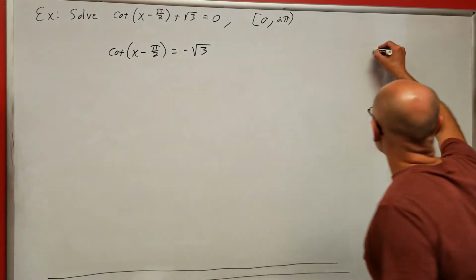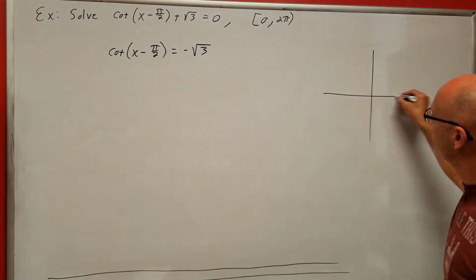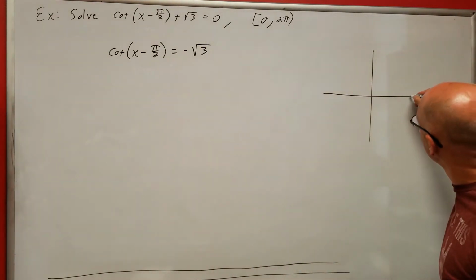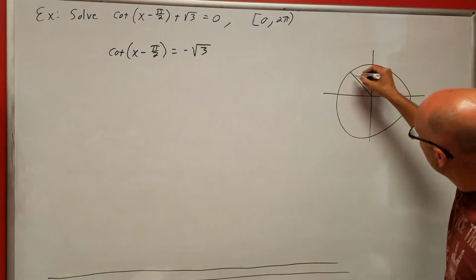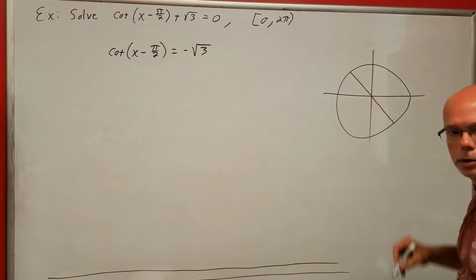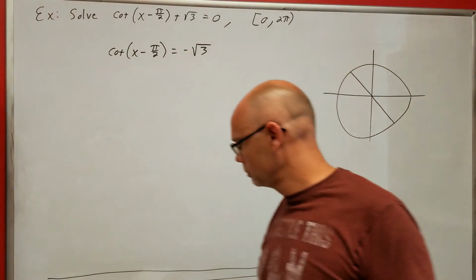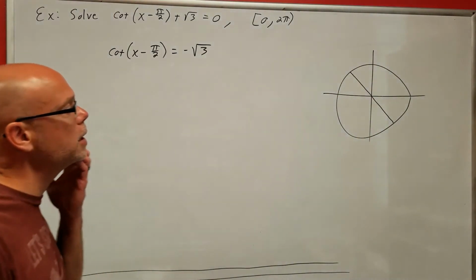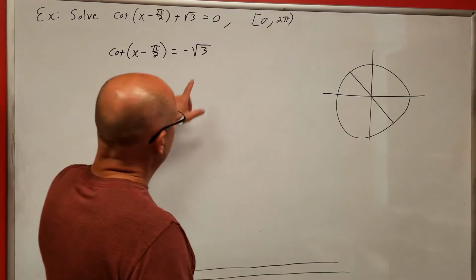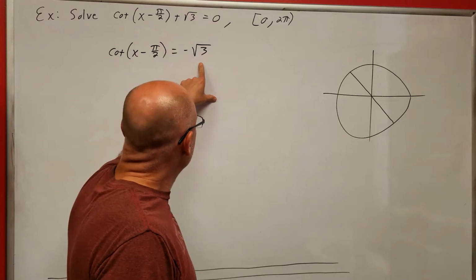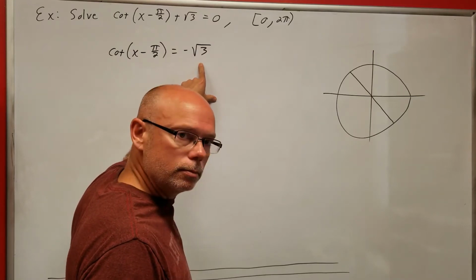Think about your unit circle first. Where do you have a cotangent that is negative? Well, that'll be in this quadrant and then that quadrant right there, right? Okay, so where do you have a cotangent that is negative? Those two quadrants. Now, where do you have a cotangent that is square root of 3?